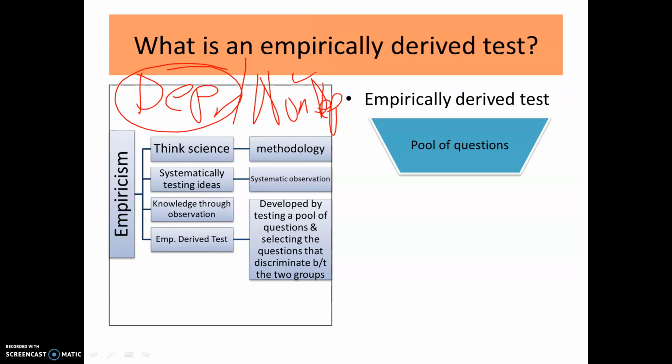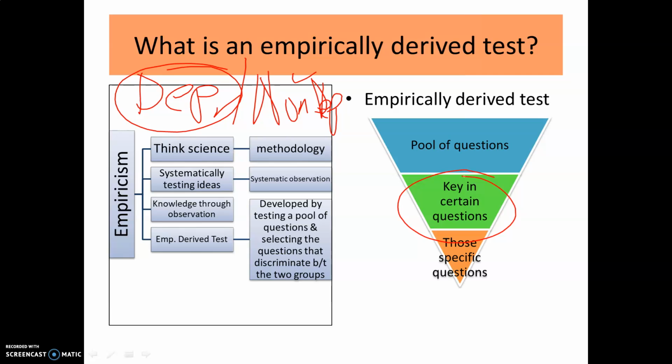Well, we start with a broad pool of questions. We give it to both groups, the clinically depressed and the non-depressed. And then we key in on certain questions. Notice this is like a funnel. I'm getting smaller, right? As I go in, I key in on certain questions, and I am going to key in on those specific questions. So now we're getting even smaller, in which the depressed people consistently answer differently.